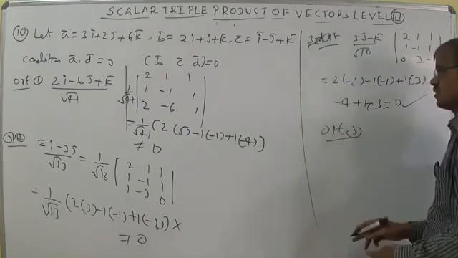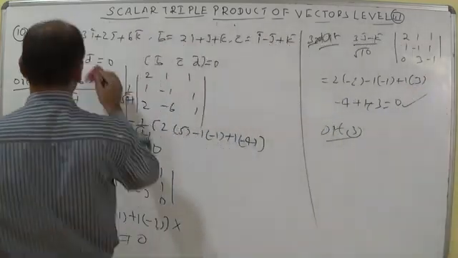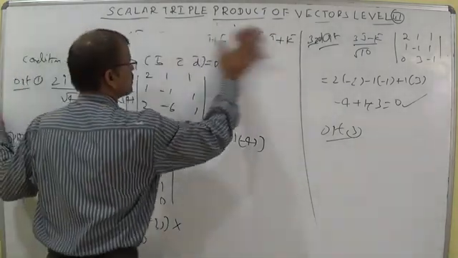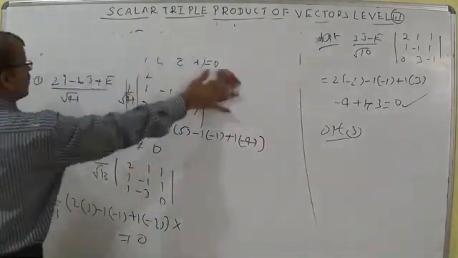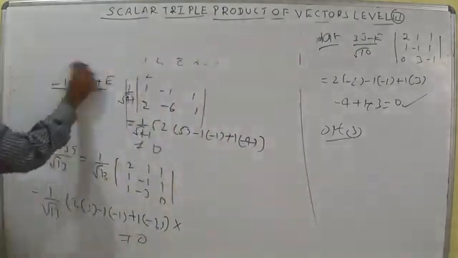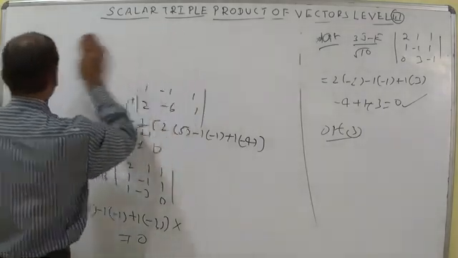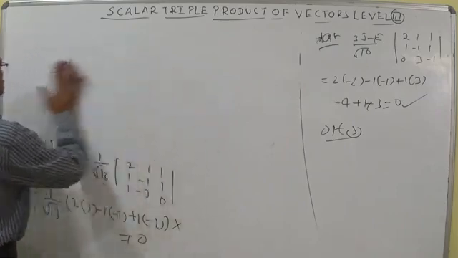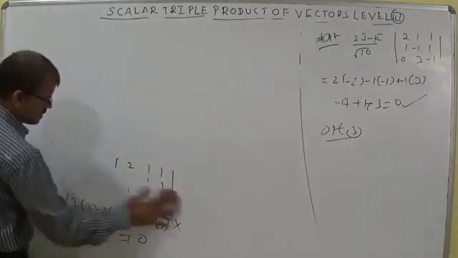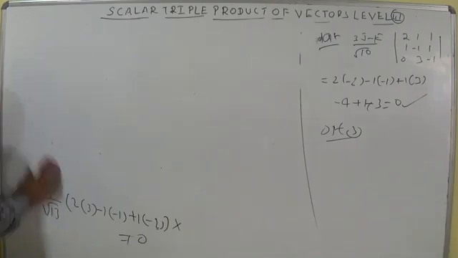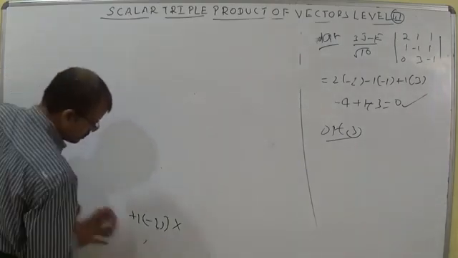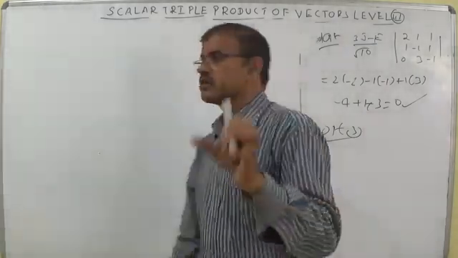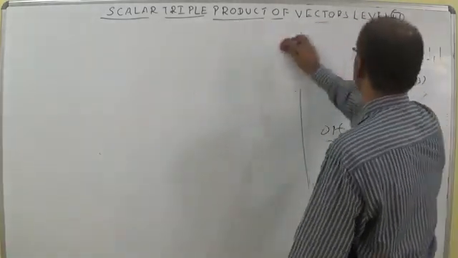No need to confuse about the fourth option, because A bar dot D bar we already discussed for the first, second and third options. Now by verification we got the answer. What is the method? Let D bar equal D1i plus D2j plus D3k. Use the formula D bar dot A bar equal to 0 and the coplanarity condition box BCD equal to 0.